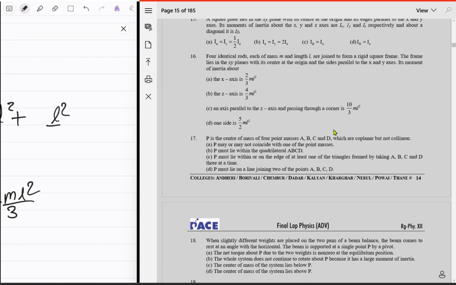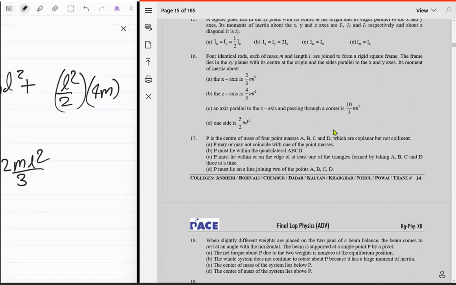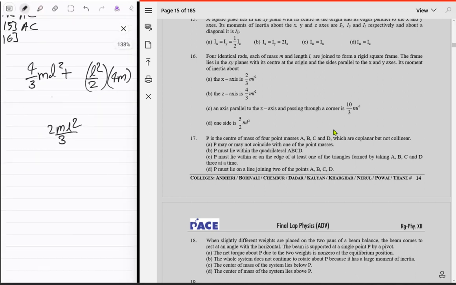So L squared upon 2 times, that is the thing, right? Yes, and that is like 4m over there. Just ml squared times 2 in this case. So this plus 2 is like 6 or 10 upon 3. Well, yeah, so C is also correct. C is correct, D is correct, A is correct. One side is 5 upon 2 ml squared.